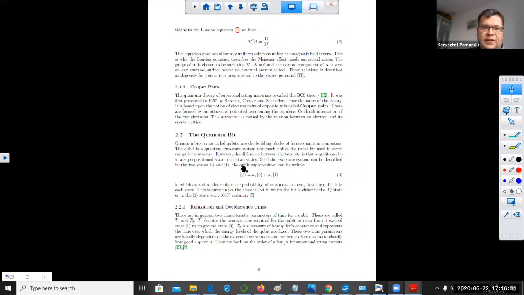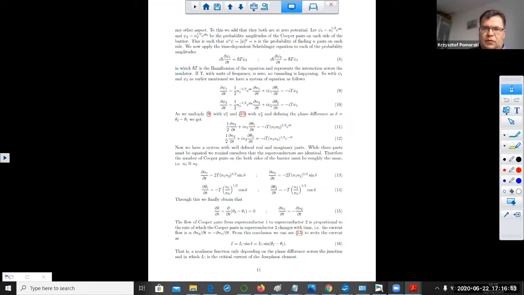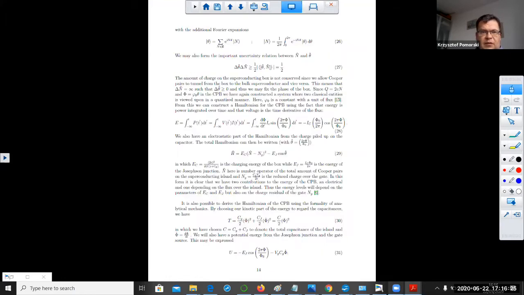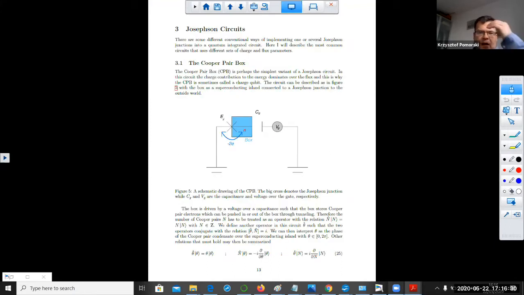So basically this is what we already discussed. There are DC and AC Josephson effects. So this is the DC Josephson effect. And now we come into a description of some physical systems.